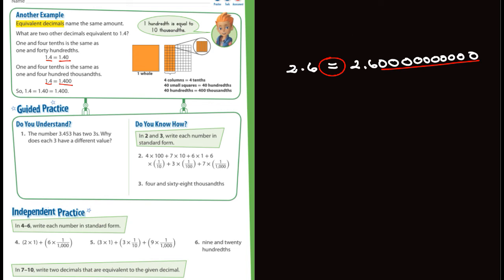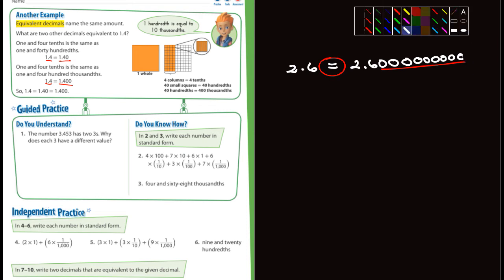Adding all these zeros does not change the value. Now, if I was to change one of these digits here, if I was even to change just the last one and make that into a 1, then they're no longer equal. But as long as you're just adding zeros, it doesn't change the value.